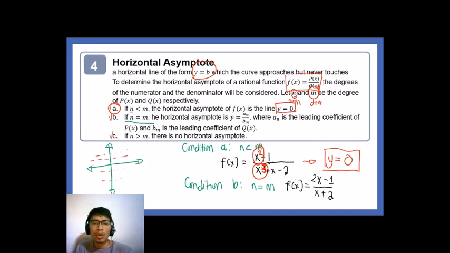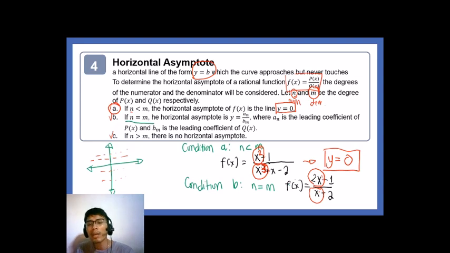For condition letter B, the degrees, or the exponents, of your numerator and denominator are equal. As you can observe, I have here 2x. What is the highest degree of my numerator? That is 1. How about the highest degree in my denominator? I have here x, the highest degree is 1. Are the exponents equal? Obviously, they are equal.